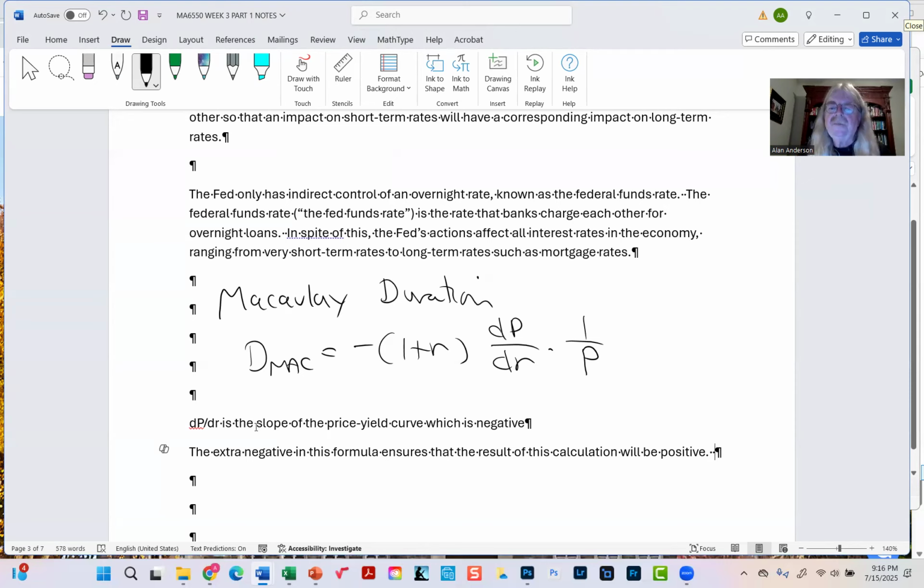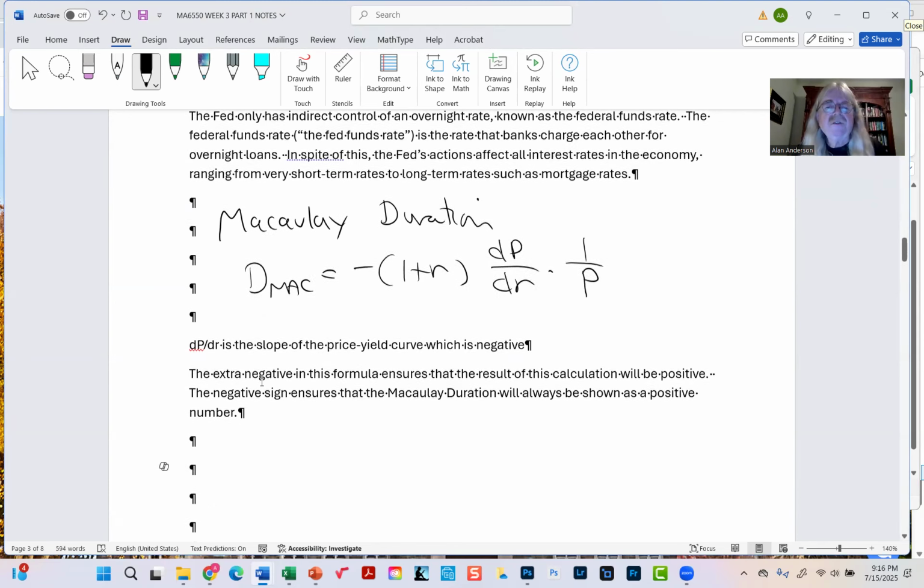So the negative sign ensures that the Macaulay duration will always be shown as a positive number. Because ultimately, all we care about is the magnitude of this number anyway. So we might as well make it more convenient and let it be positive. Okay.